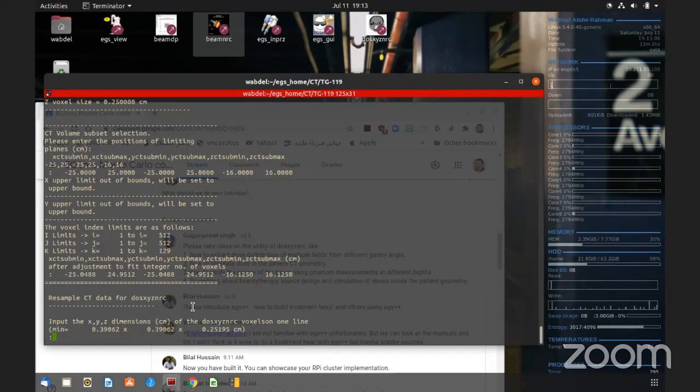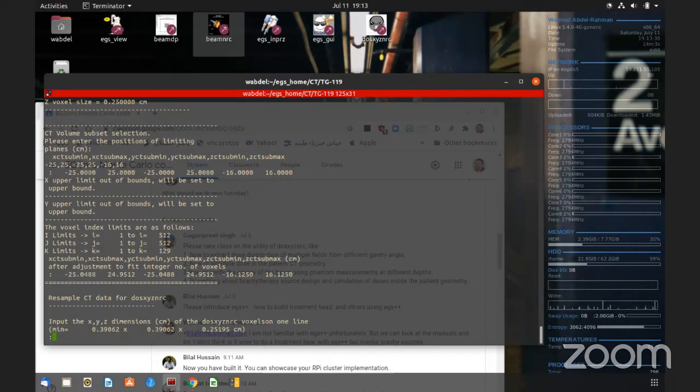Otherwise, the number of voxels in the X, Y, Z directions that's supported currently in my dose XYZ file is lower, so the resolution is worse. Although with the CT, the resolution was 0.25, this is the minimum resolution that I can actually obtain with the dimensions of my dose XYZ.